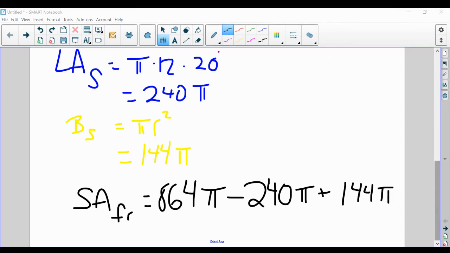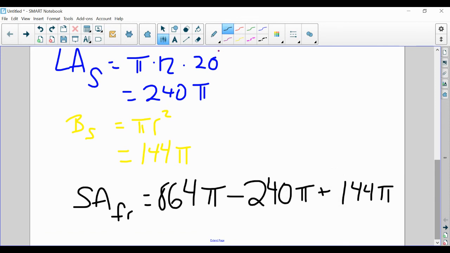So we do 864 minus 240 plus 144, and we get 768 pi. And that is the surface area of the frustum.